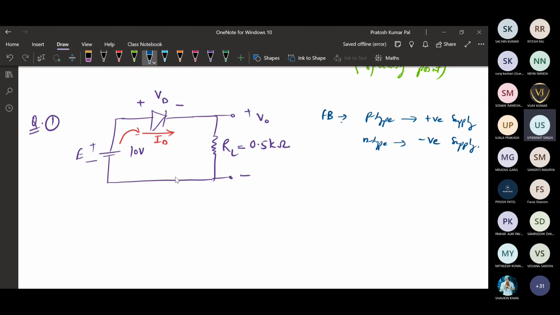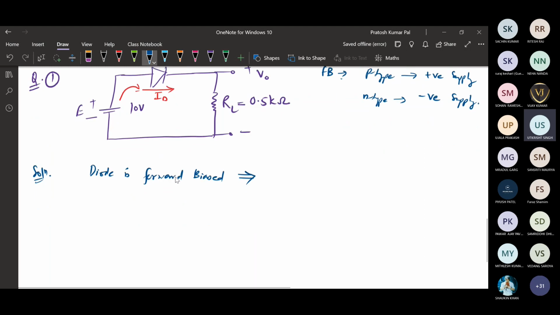So from this circuit we can see that the positive terminal of the source voltage or supply voltage is connected to the p type. That means this diode is forward biased. Okay, so if the diode is forward biased, that means it is in on mode. So the diode is working in on mode.